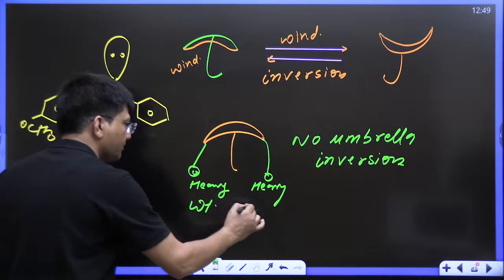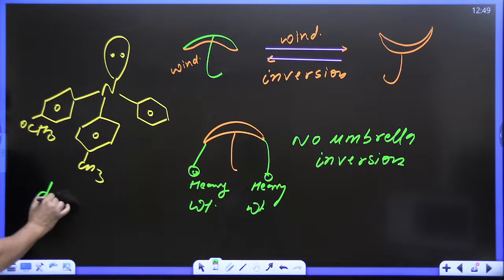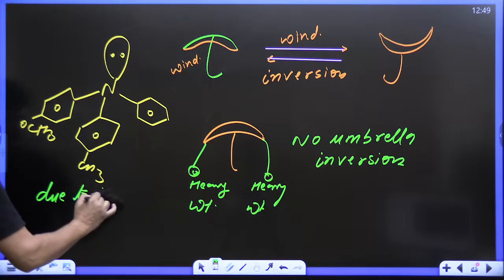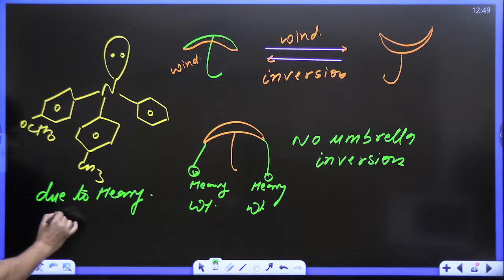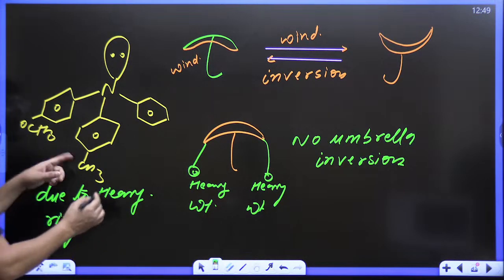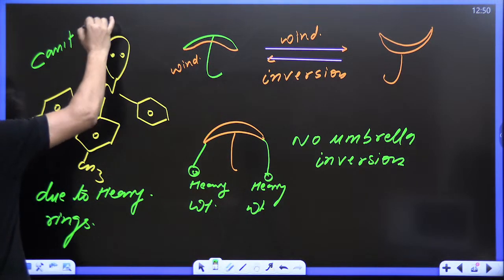Due to heavy groups, it can't do inversion.